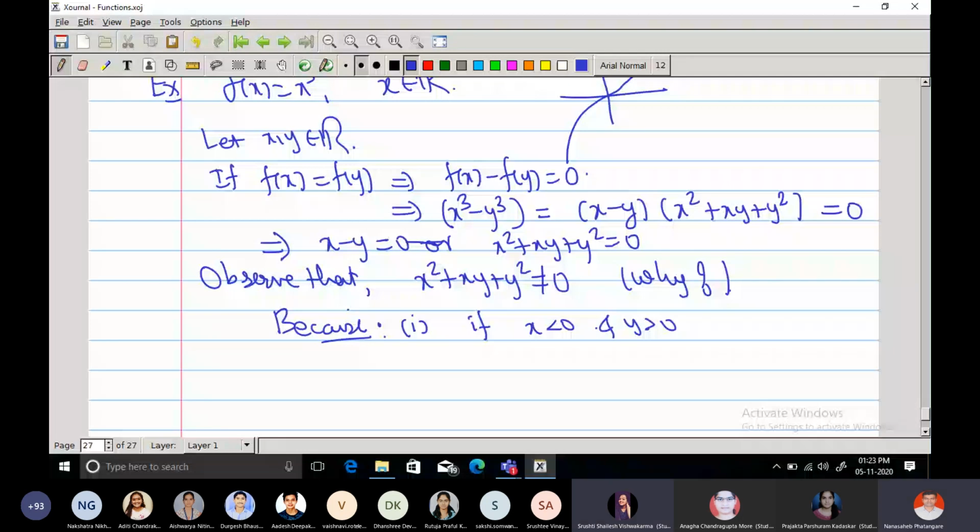Then x minus y is non-zero, x square plus xy plus y square is non-zero, and therefore x cube minus y cube is non-zero. So it is not possible.